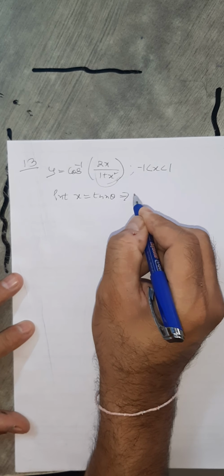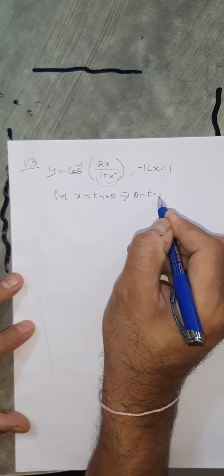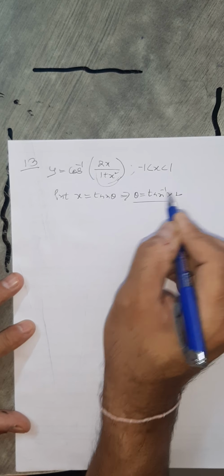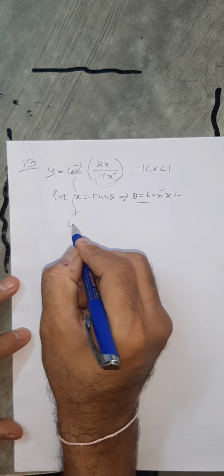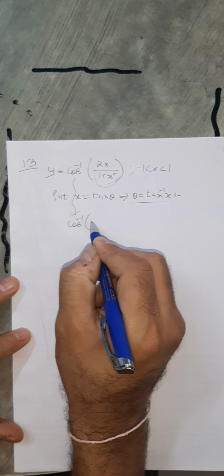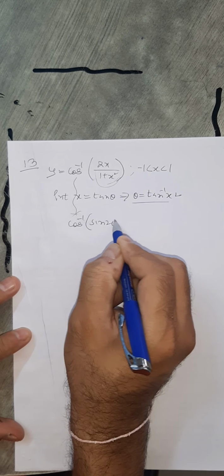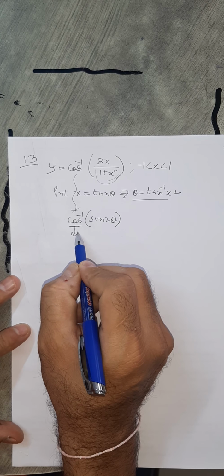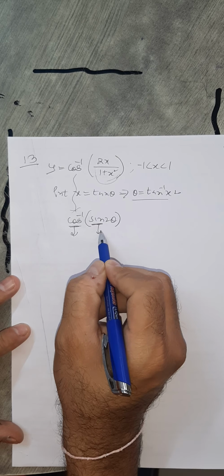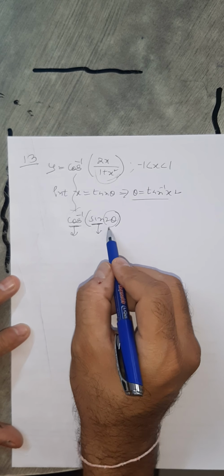So what is theta from this? Tan inverse x. You can continue. Here I'll just show you in short. You will get cos inverse of sine 2 theta. Then, like the previous question, either you convert this one into sine inverse or this one into cos, and show that this is in the appropriate domain.